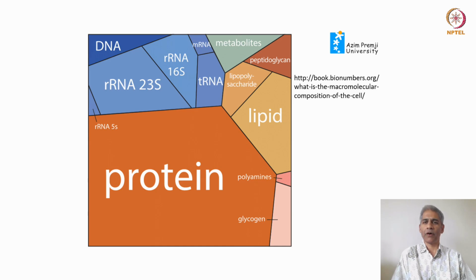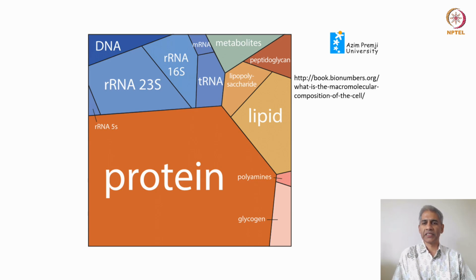Or you have a lipopolysaccharide. So you have a lipid and a polysaccharide coming together to form this molecule. So you can see that we don't just have to stick to these four main categories of nucleic acids, proteins, lipids, and polysaccharides, but these can combine with each other to give these composite molecules with very specific properties which are made use of.